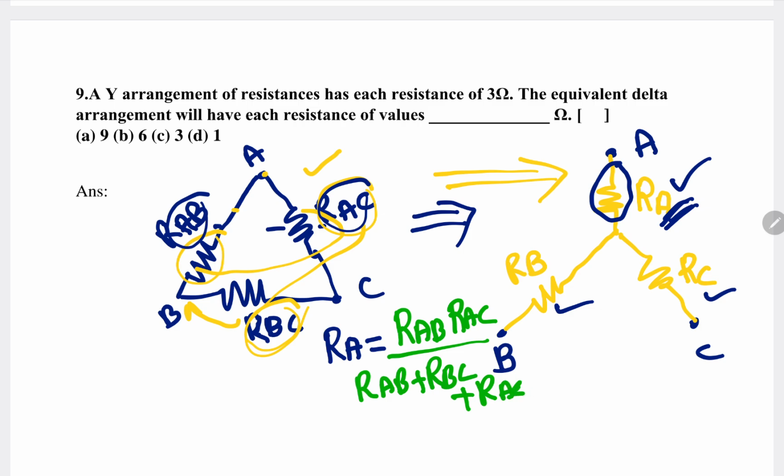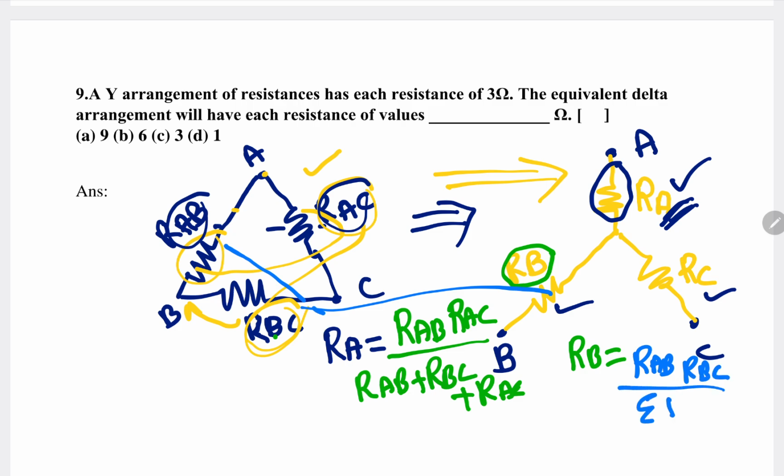Next I want the formula of RB. This RB came because of RAB and RBC. So RB is equal to RAB into RBC divided by the sum of all three resistors. In this manner we transform a star network into a delta network and a delta network into a star network.